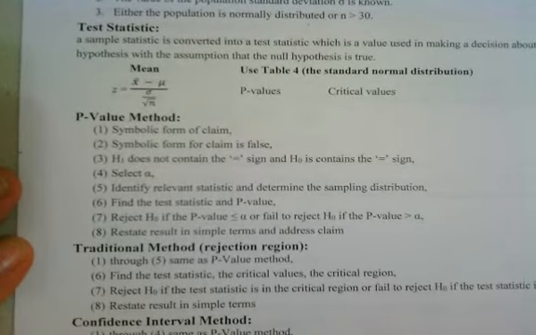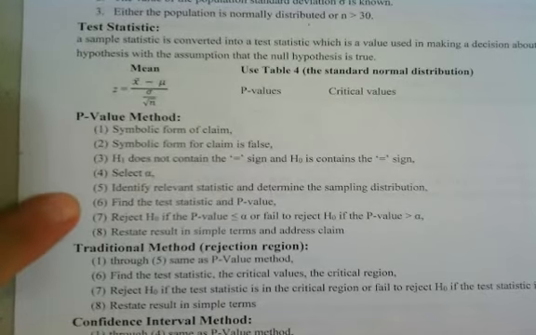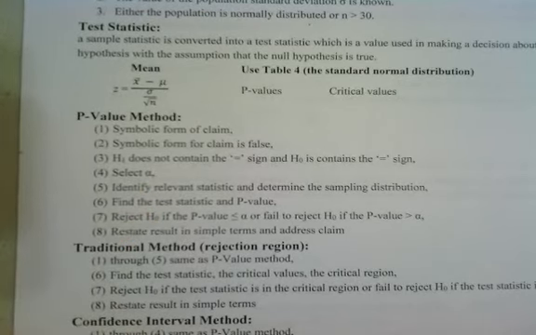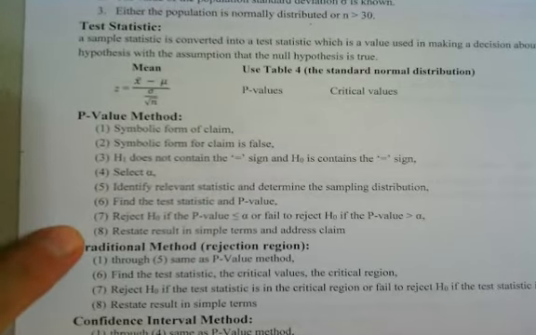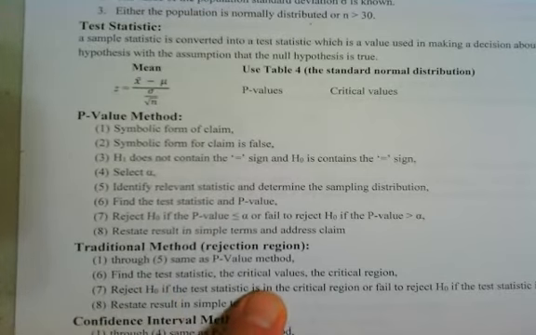Alright, in the traditional method, the beginning part, 1 through 5, is all the same as doing the p-value method. In the p-value method, we found the test statistic and then found the p-value from it. In the traditional method, we still find the test statistic, just like we did up here, but we're also going to find the critical values and the critical region.